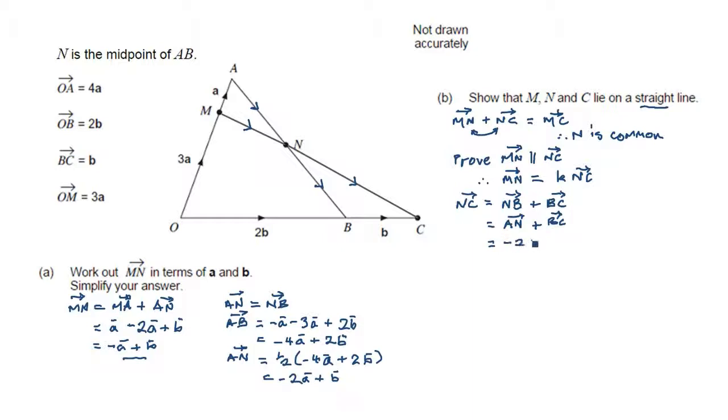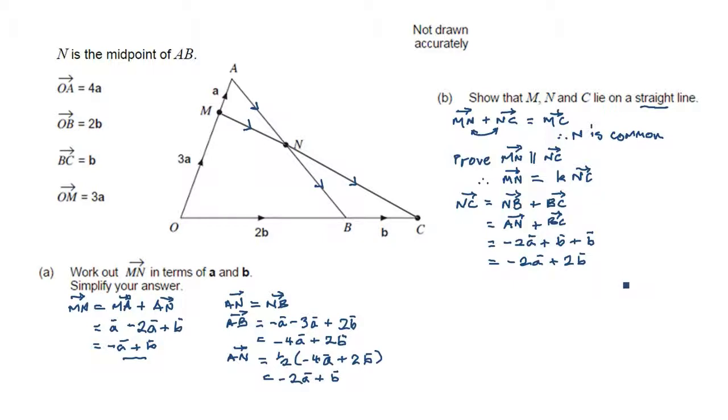So now we can substitute in A to N, which is minus 2a plus b, plus our BC, which is on our diagram, equals b. That gives us minus 2a plus 2b. And we're nearly there.